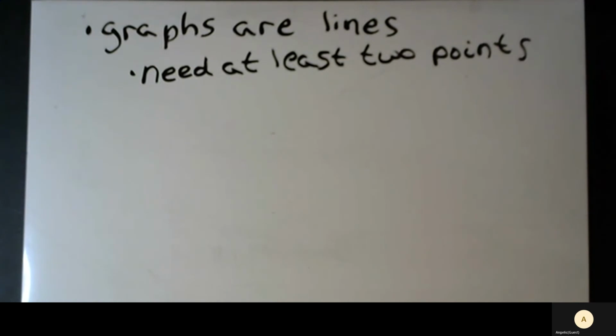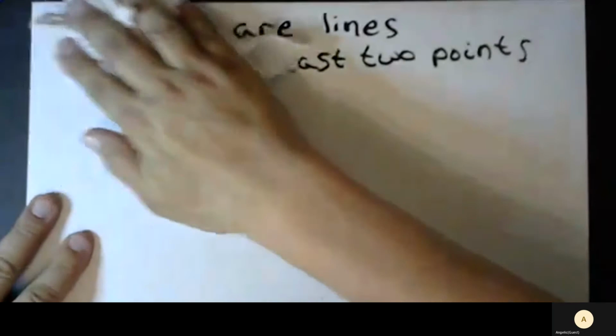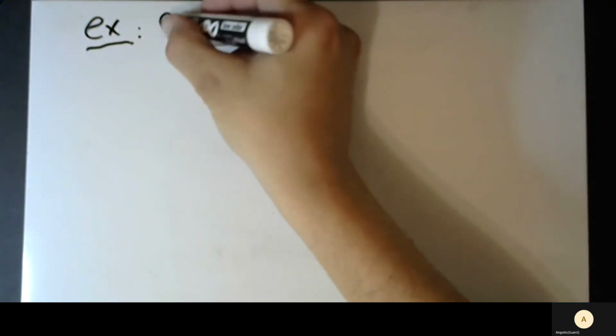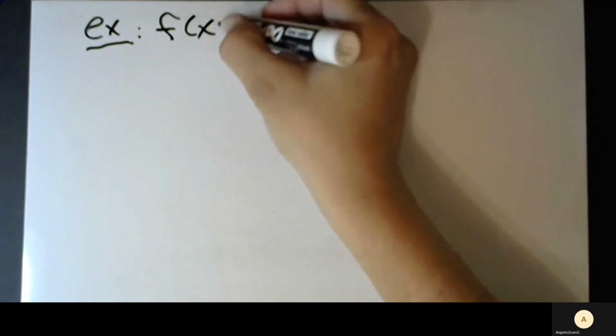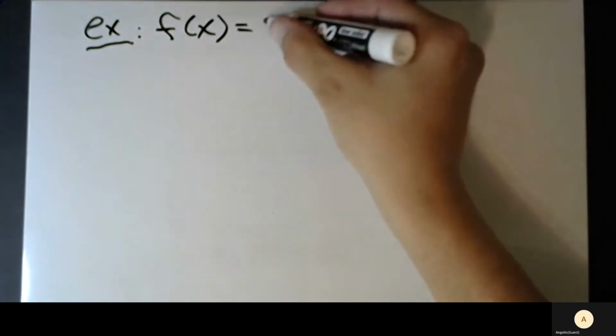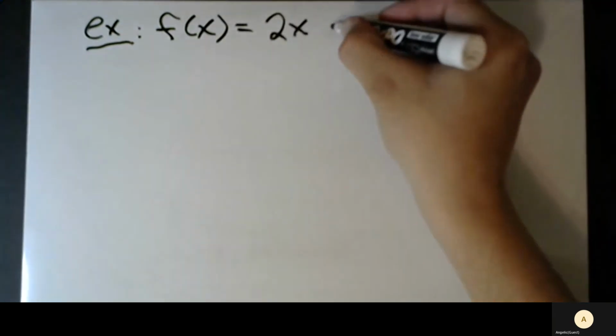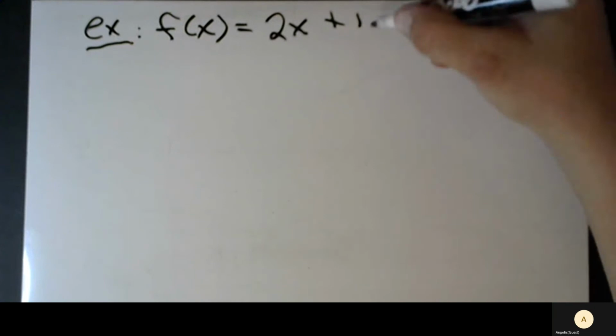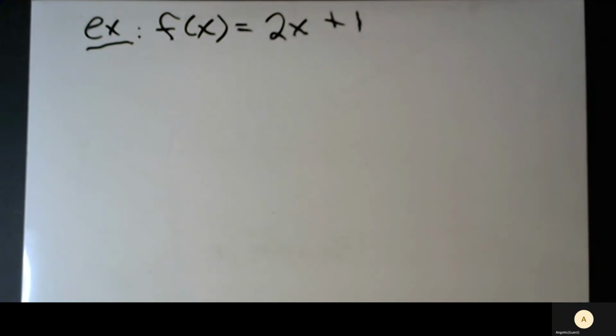So for example, let's say we have this. We want to generate 2 points, and I typically recommend you pick numbers that are easy to work with.